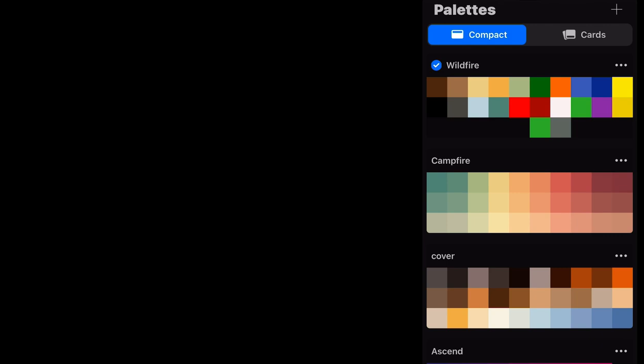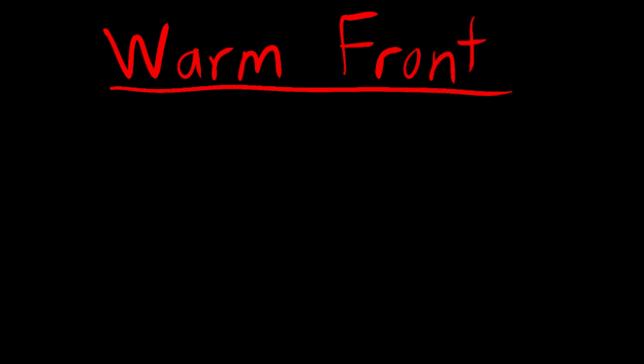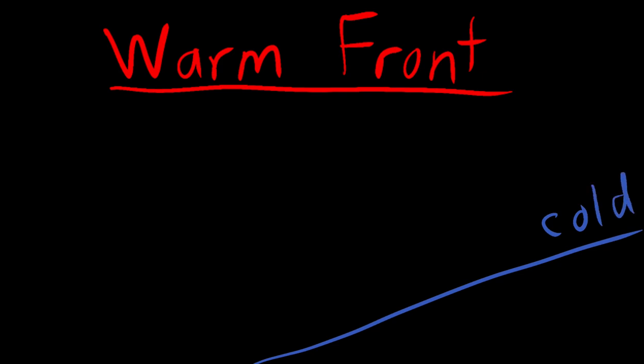So now let's talk about what goes on in a warm front. And this is interesting because it's actually very different than a cold front. You'd think it would be the same mechanism, but it's almost the opposite. So let's first draw the back end of a cold air system.